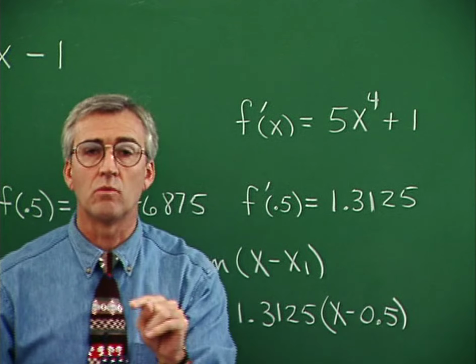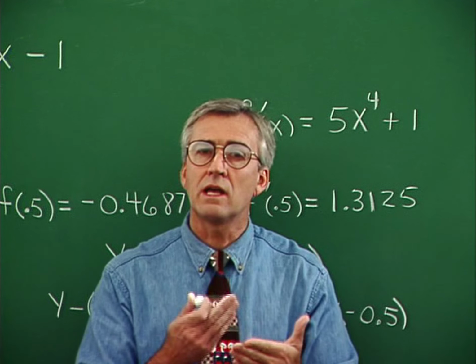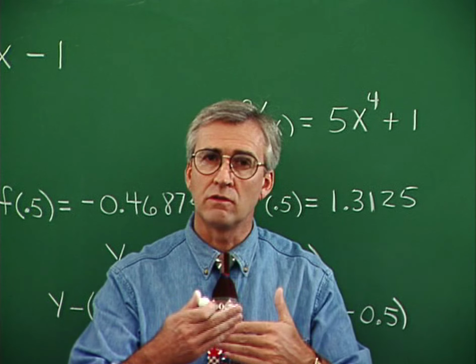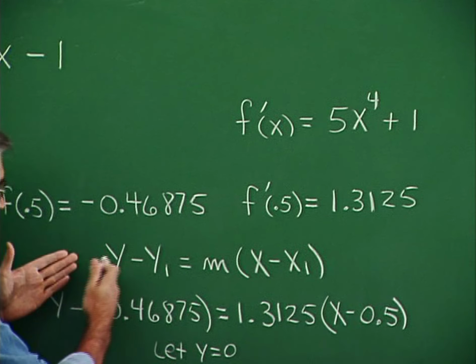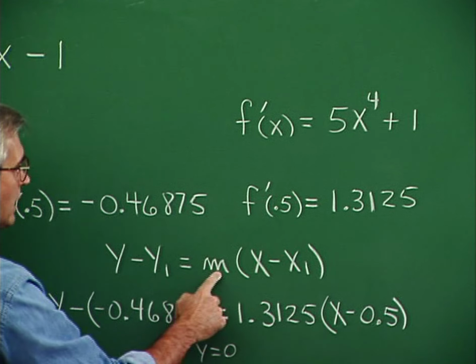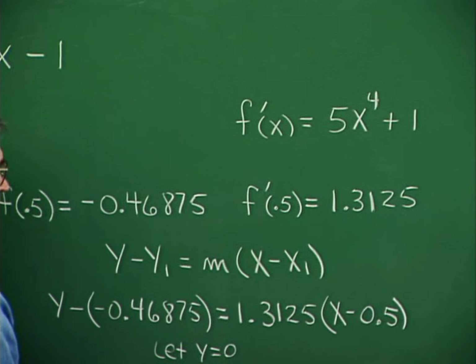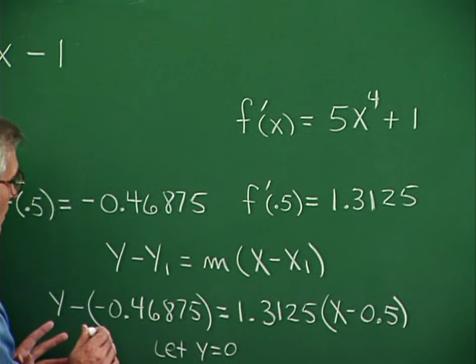Now with that slope and with the coordinates of the point, we can actually construct the equation for that tangent line. And that equation then would be built upon this idea. It's y minus y1 equals m times x minus x1. Remember, it was the point slope form of the slope formula.